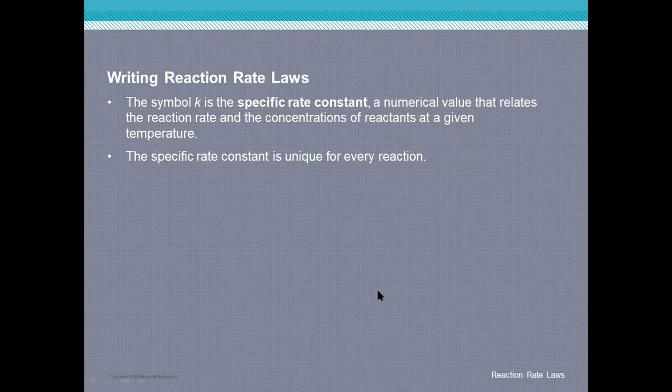It's related to K, which is called the specific rate constant. Understand me?